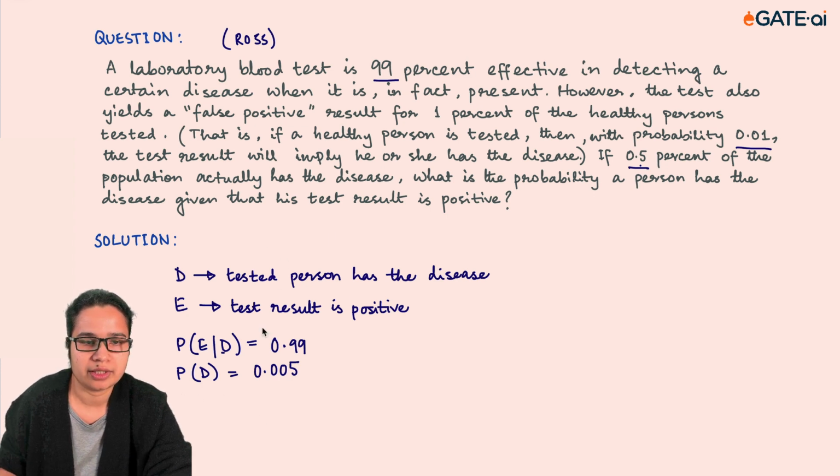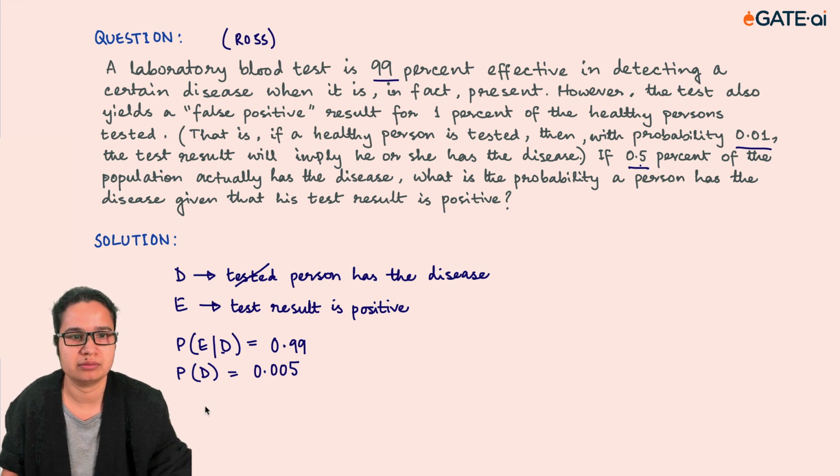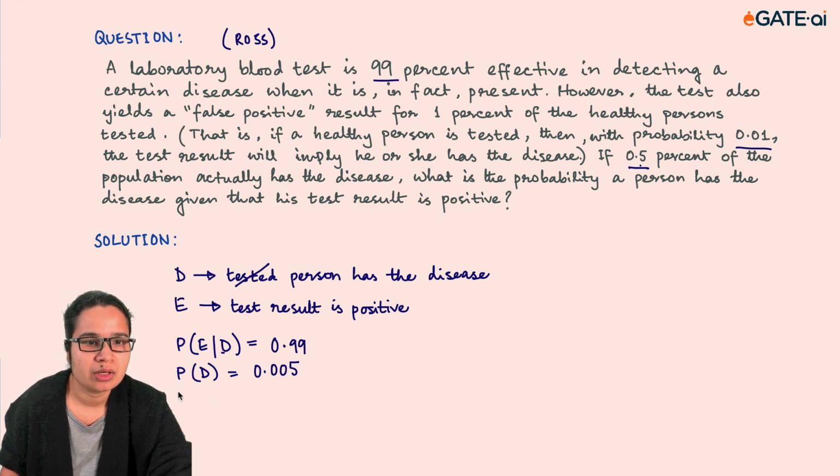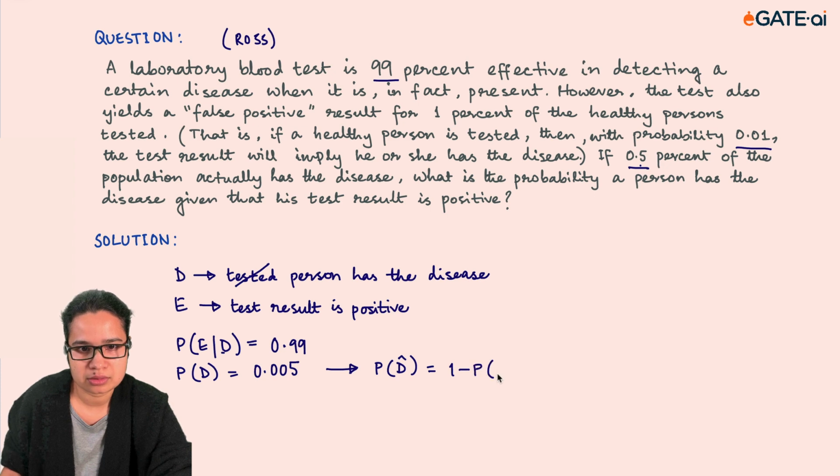Let's say D is that the person has the disease even if they are not tested. From this you can already imply that the probability of the person not having the disease is 1 minus this, and that is 0.995.